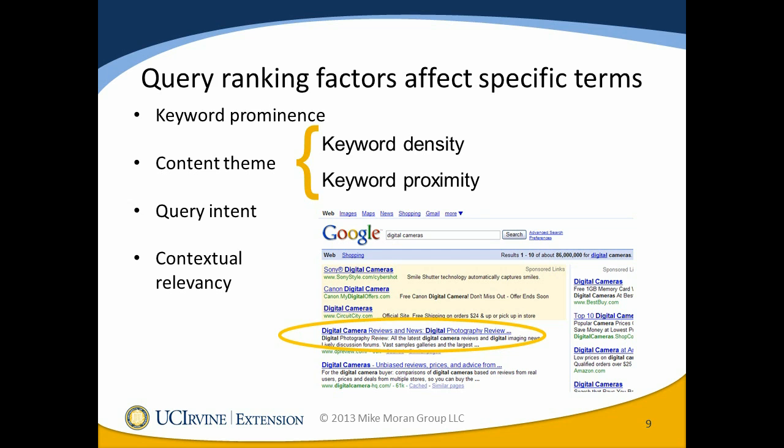The last one we want to talk about is contextual relevancy. What that means is that sometimes there are personalization factors that can come in. For example, if the search engine can detect where you're located when you're doing the search, you might be doing it from a mobile phone, or they might be able to look at the IP address of your computer and know you're located in a certain city.